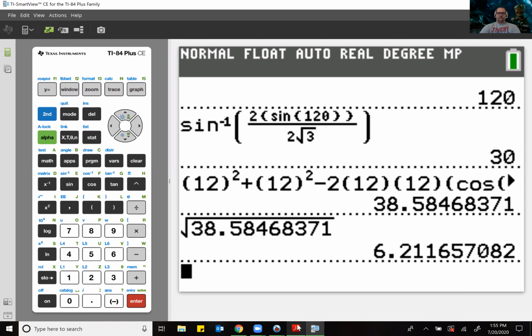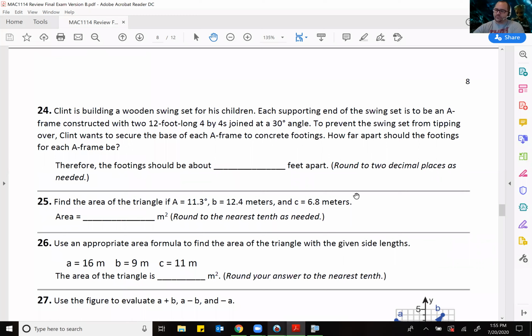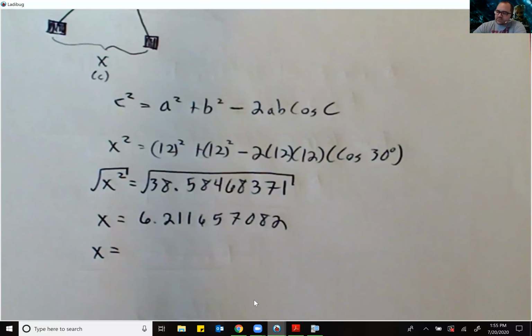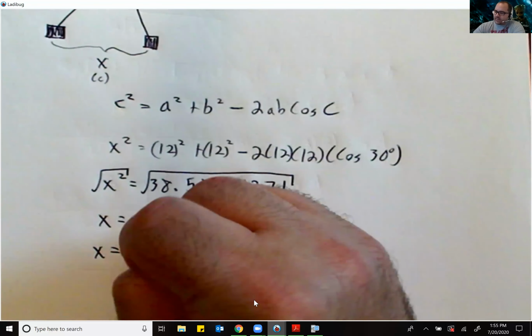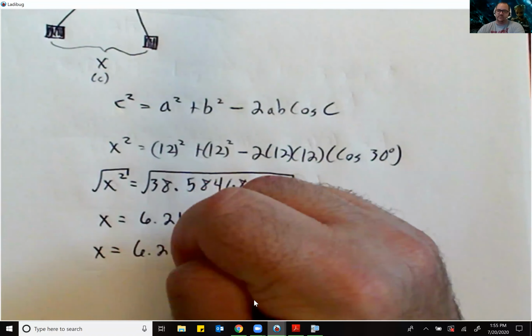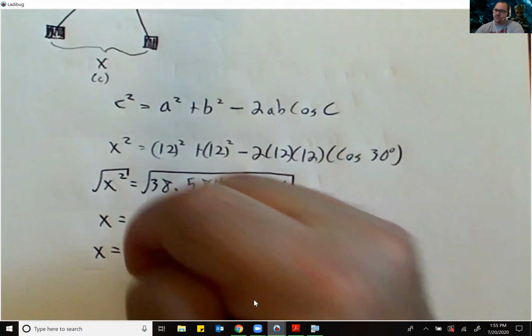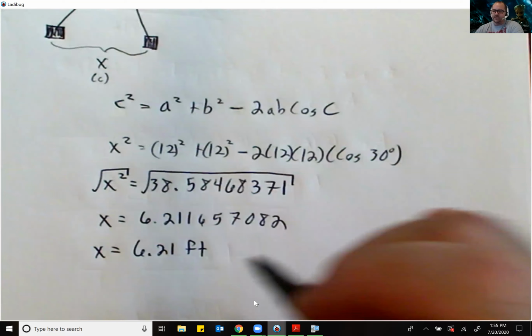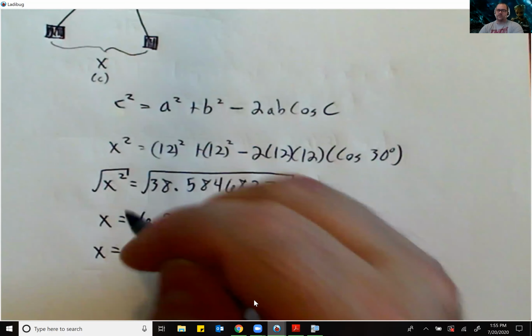And it says round to 2 decimal places. So 2 decimal places for us will equal 6.21, and it's going to be in feet. That's how far apart the boards will be, the braces. And there we go.